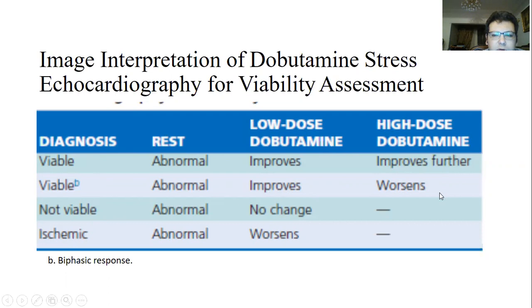However, this biphasic response is more specific for viability, and it predicts much recovery of left ventricular function after revascularization. While at rest, if the segment is akinetic and there is no change with low dose dobutamine, this is not viable. If it is akinetic and becomes further worsened with low dose dobutamine, it means ischemia.